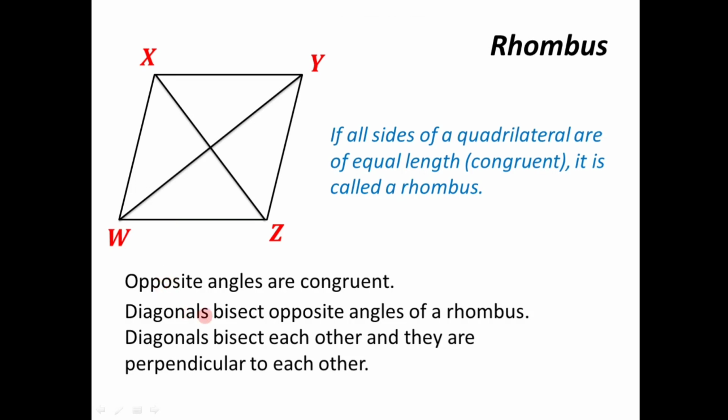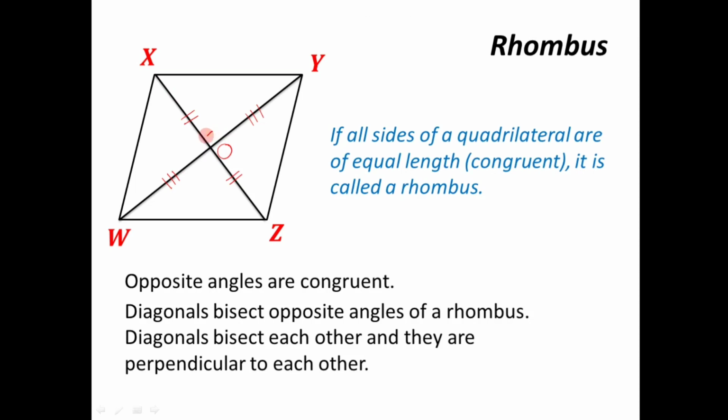The third property is again about the diagonals of a rhombus. Diagonals bisect each other and they are perpendicular to each other. That means diagonals of a rhombus are perpendicular bisectors of each other. So for this diagram, suppose these diagonals XZ and YW intersect at point O, then in that case XO is congruent to OZ and OW is congruent to OY, as these diagonals bisect each other and they are perpendicular to each other also.